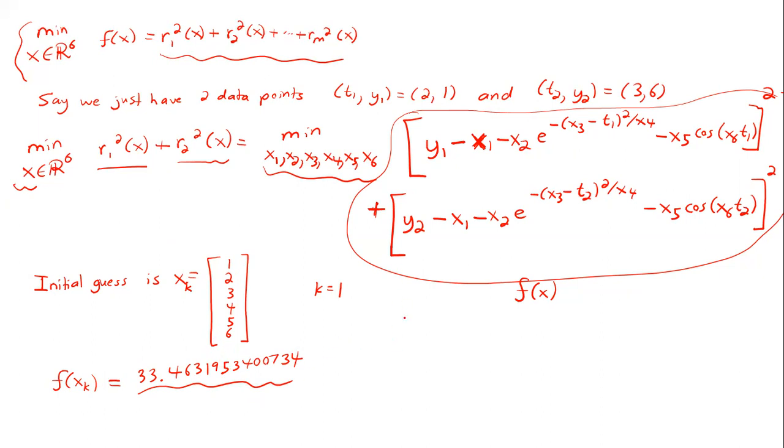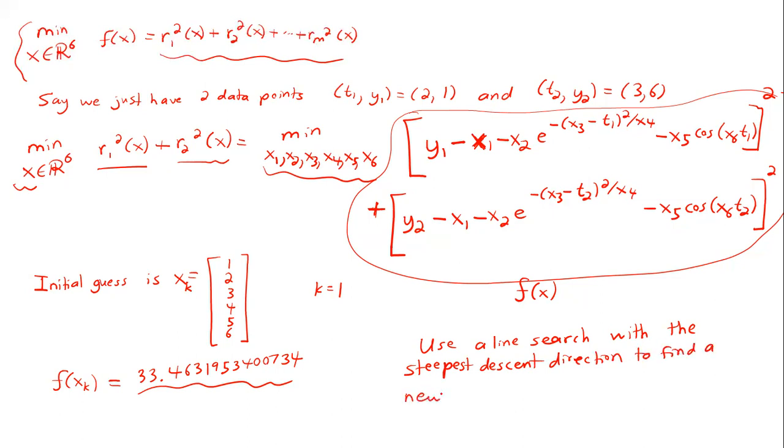So the question that we need to answer right now is to use a line search with the steepest descent direction to find a new iterate with a smaller value of f.